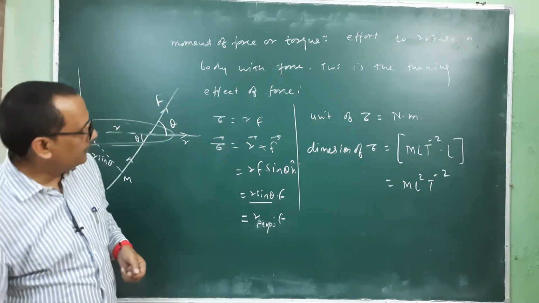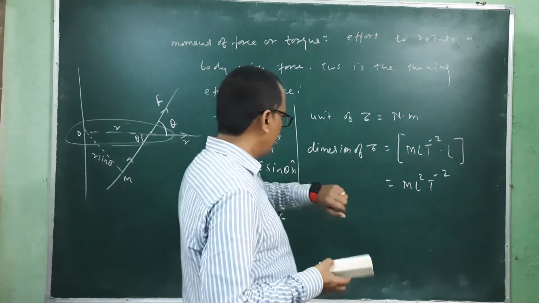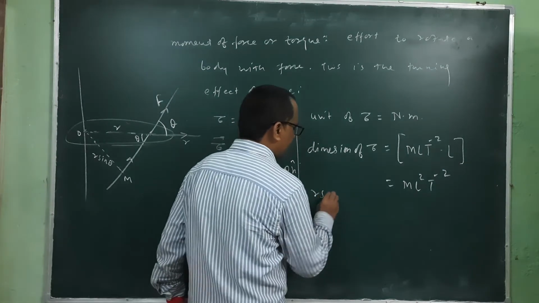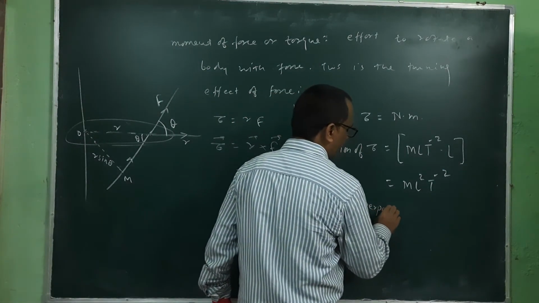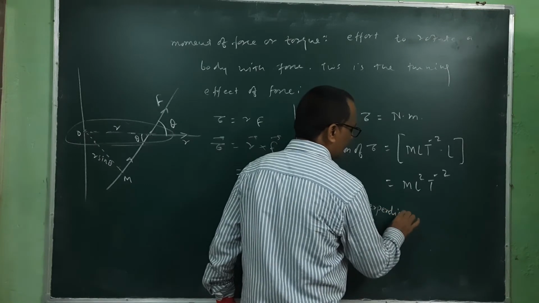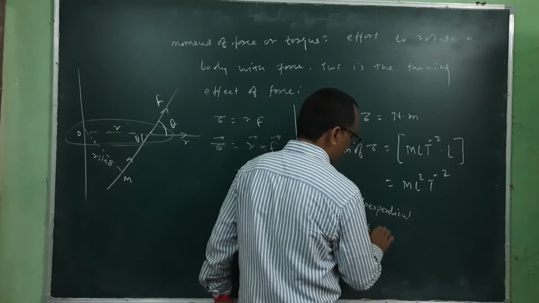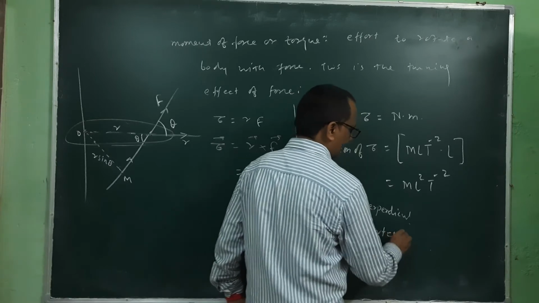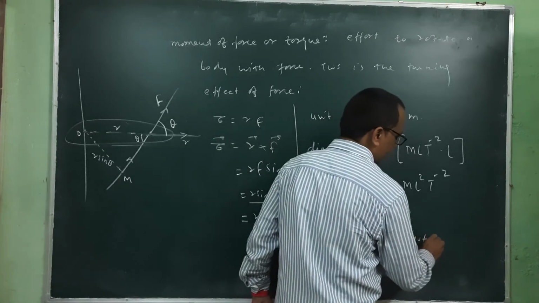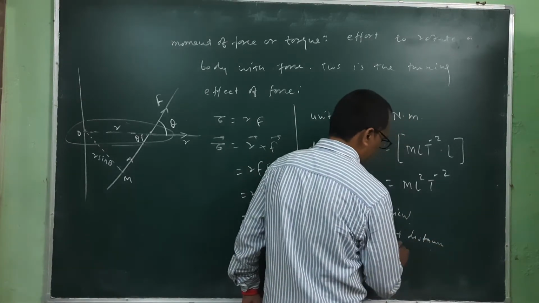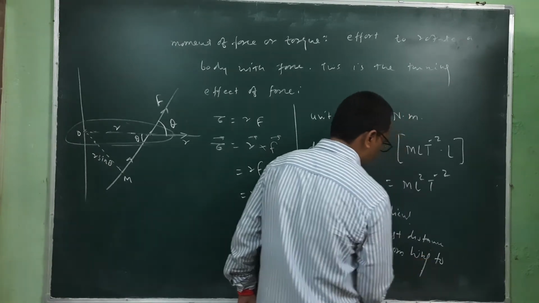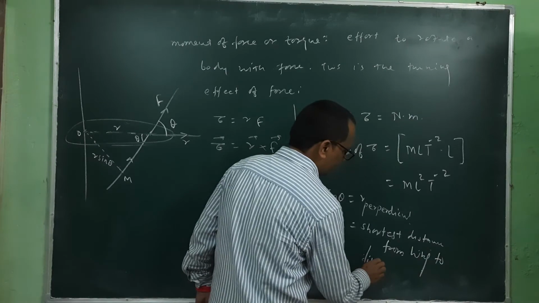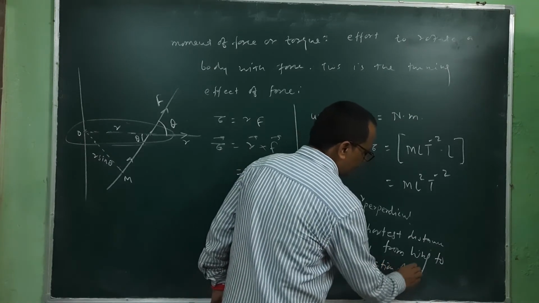Another physical parameter we use is R sine theta, that is R perpendicular. This is the shortest distance from hinge to direction of force.